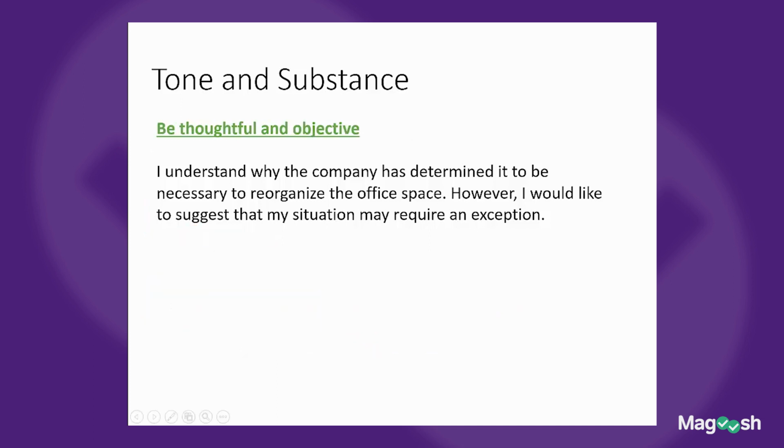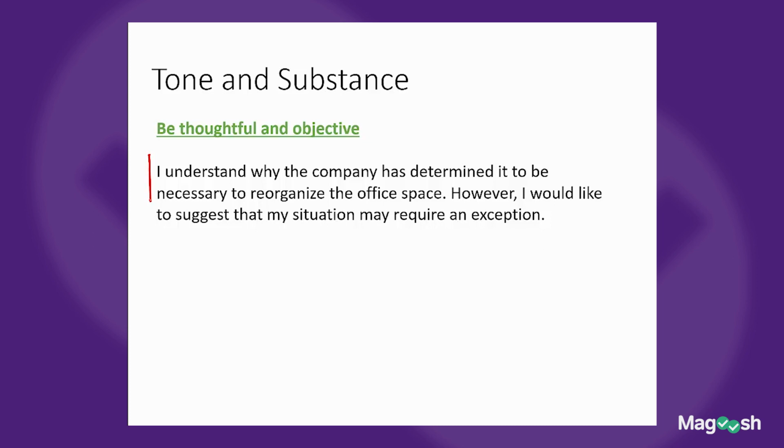Okay, we also said earlier that it's important to be thoughtful and objective. Okay, now looking at the same sample sentence down below, check out what we have here. I understand why the company has determined it to be necessary to reorganize the office space. That's a perfect example of being thoughtful.